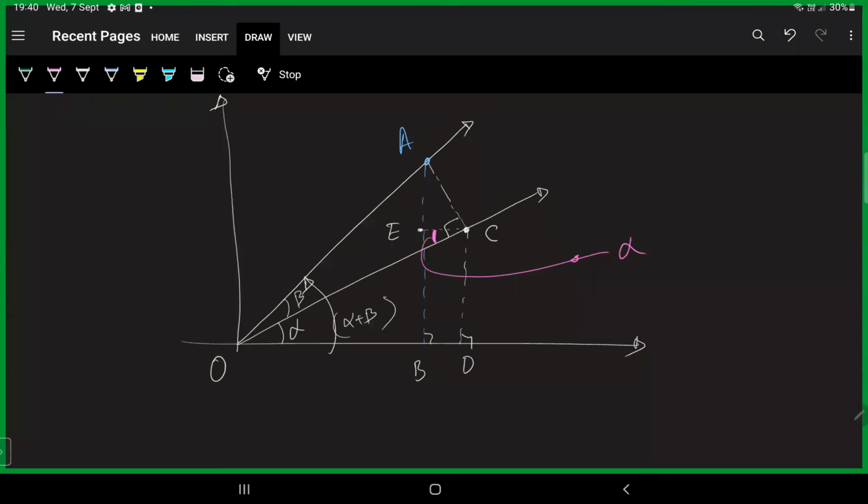Okay, is that fine? Now, if this angle is alpha, this angle is 90 degrees. And what else? What will be this angle? Why? ACE is 90 minus alpha. You got it. Why is it 90 minus alpha?